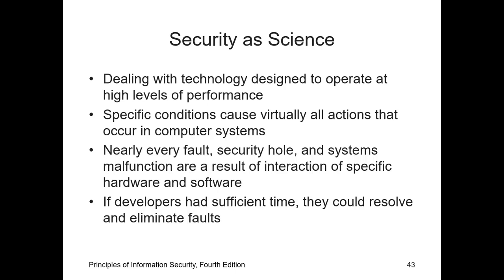Almost every fault, security hole, and systems malfunction is a result of the interaction of specific hardware and software. With the feedback from computer users, developers can improve the system and resolve or even eliminate these faults if possible.